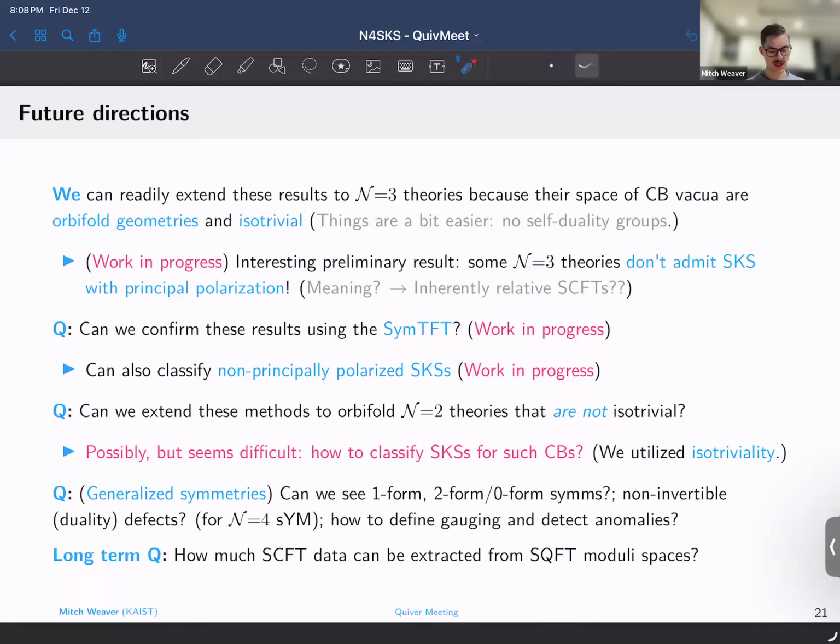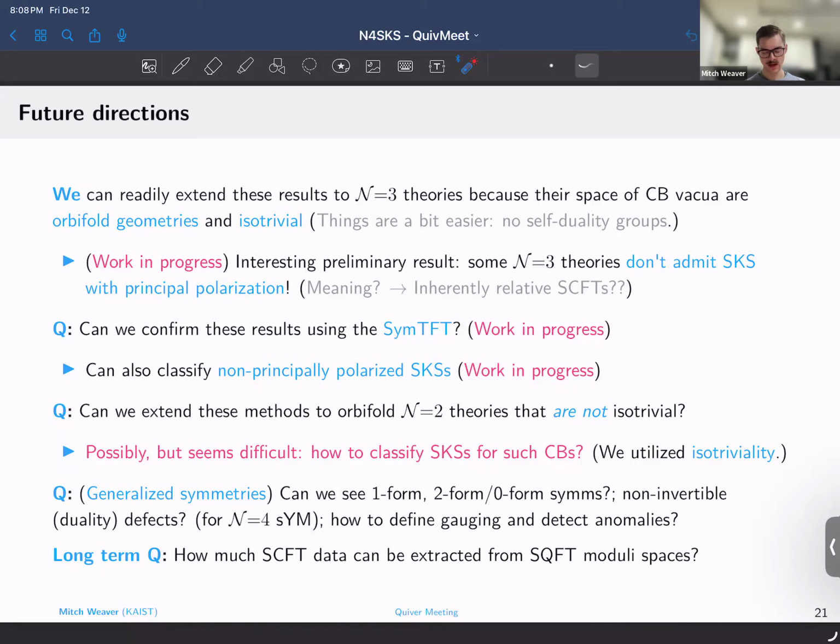In particular, we'd like to know how we can see one-form or two-form slash zero-form symmetries that are present in N=4 theories, or also the non-invertible duality defects that you can construct when you have an SCFT with a conformal manifold with some duality groups. Furthermore, given that we can identify these generalized symmetries in terms of moduli space geometry, we'd like to know what it means to gauge them and also detect their anomalies or potentially any higher group structures, something like this.